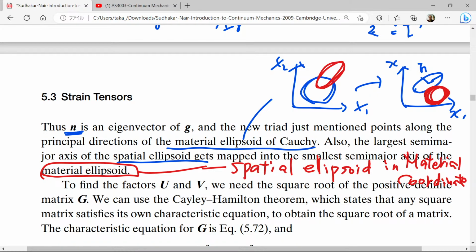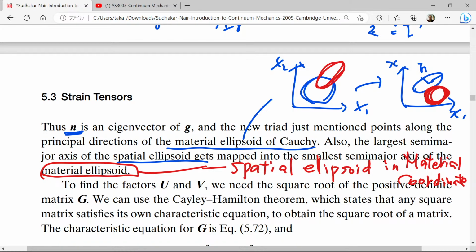I think the spatial ellipsoid in spatial coordinate is a sphere, right? The spatial ellipsoid in material coordinate is an ellipsoid. The material ellipsoid in material coordinate is a sphere.